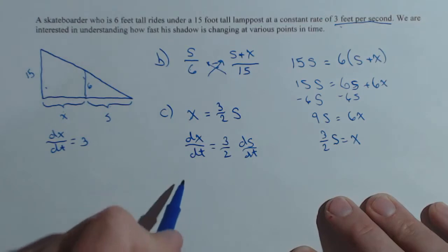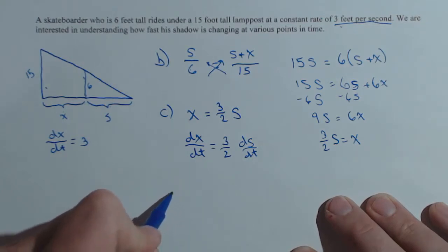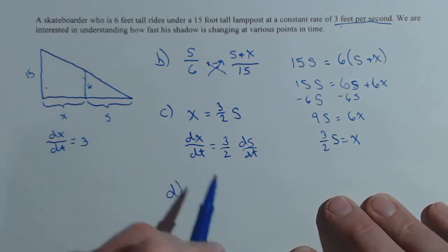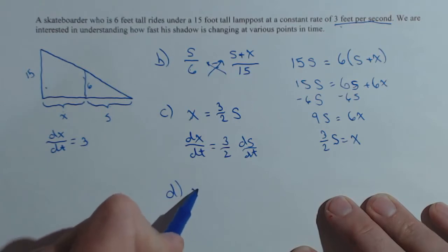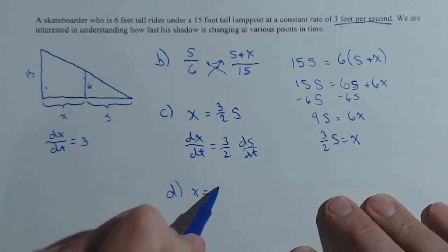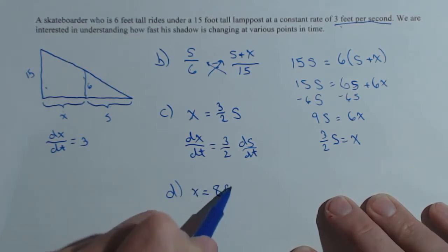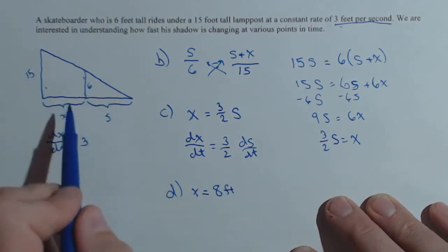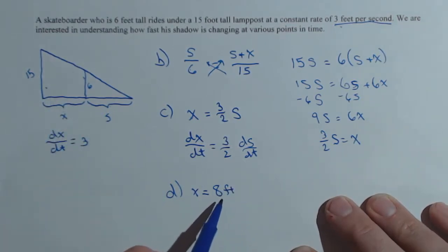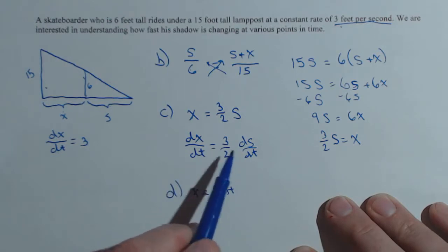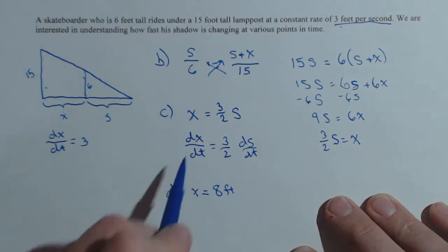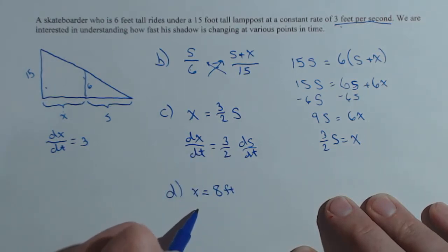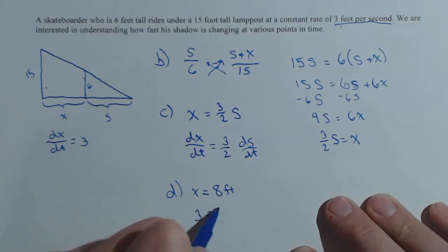So in part D, when they're asking for the rate that the skateboarder's shadow is changing when x is equal to 8, or when he's 8 feet from the lamppost, well, that 8 feet really didn't matter too much, because we know dx/dt is 3 equals 3/2 ds/dt.